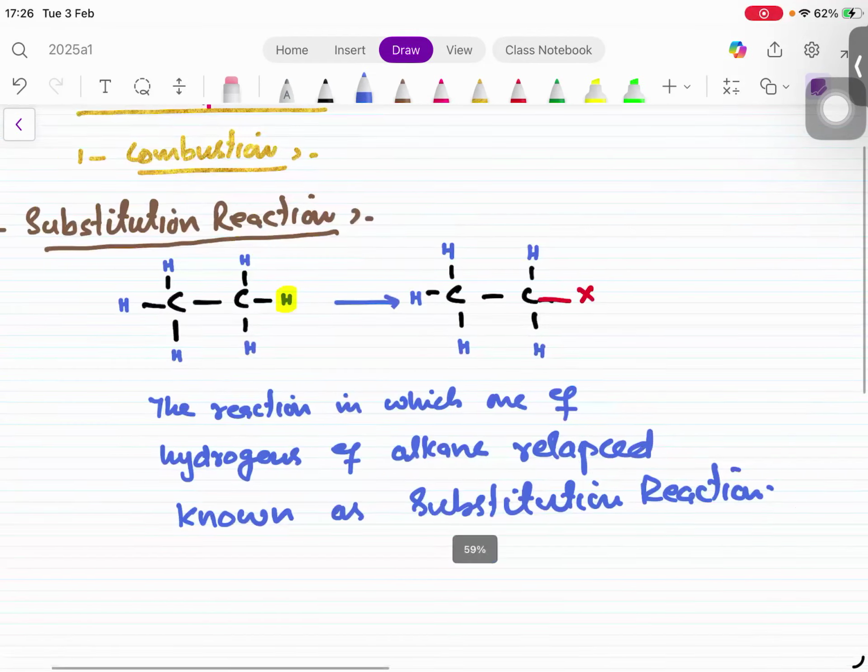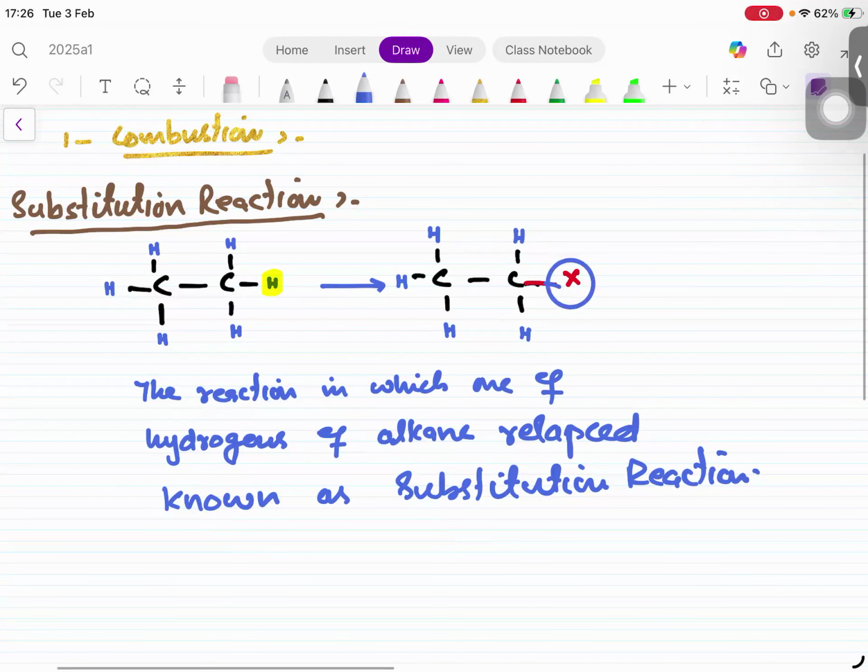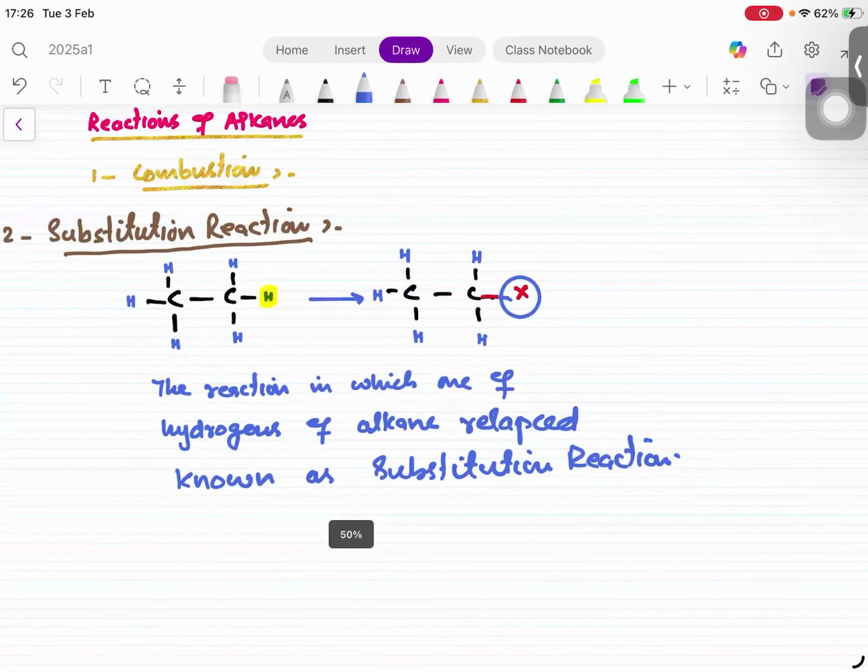Any other element, I just supposed at this moment X, Y, Z, A, B, anything, right? So this is known as substitution reaction.